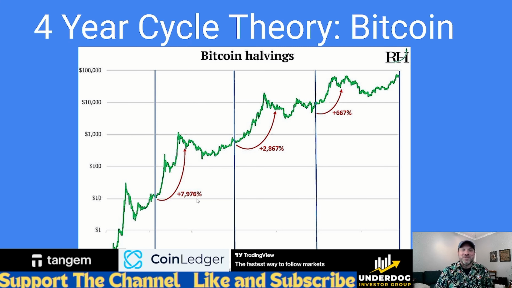I can't even imagine. After the next cycle, we saw 2,867%. Last cycle, Bitcoin saw gains of 667%. And then this cycle, we're not for sure yet.